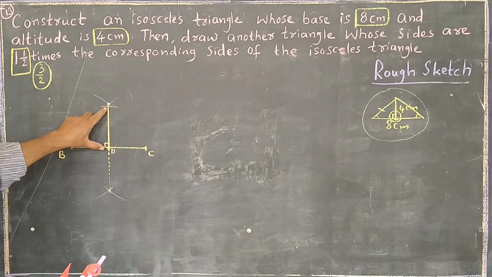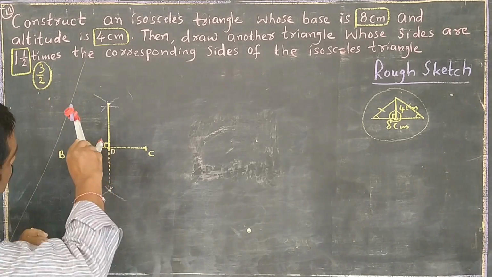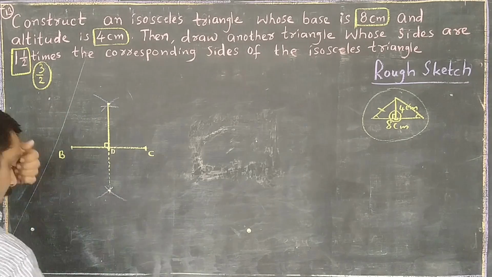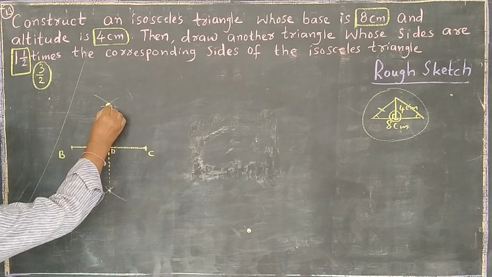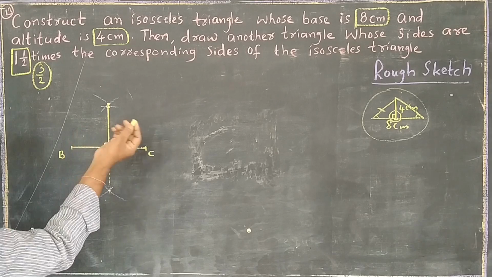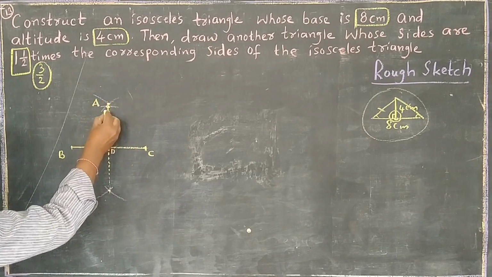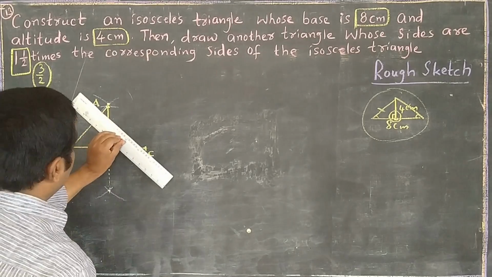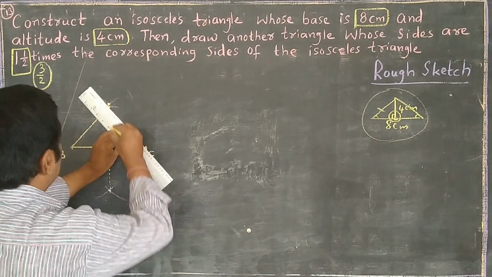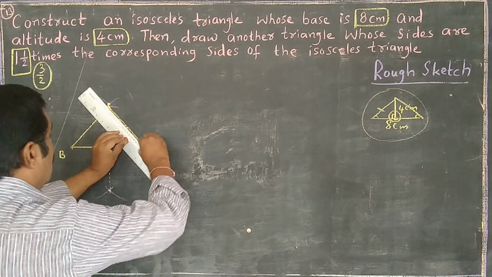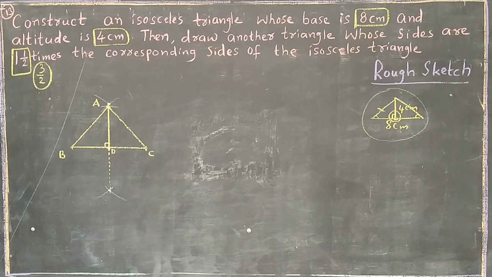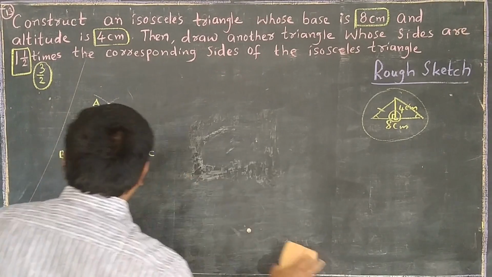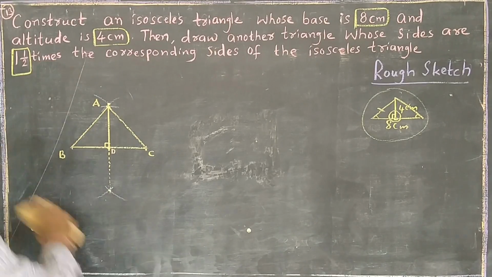If it does not intersect, produce the line, then it will intersect. Now join; this point is treated as the letter A. Join AB and join AC. We got the triangle.